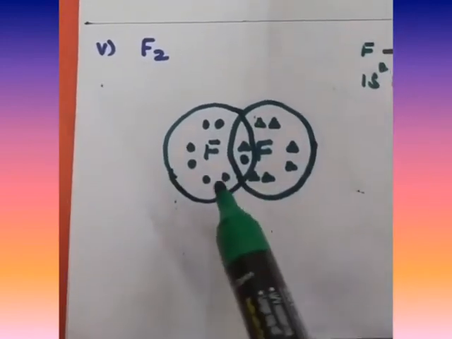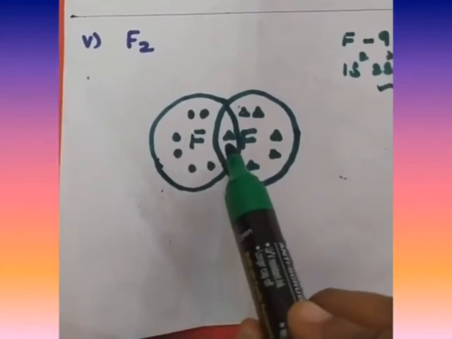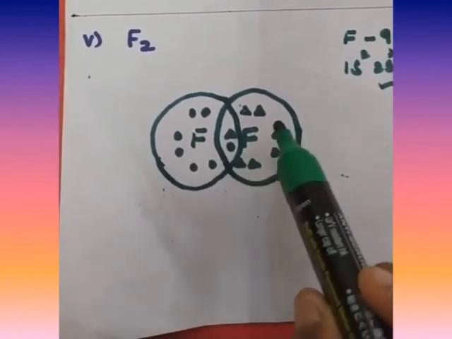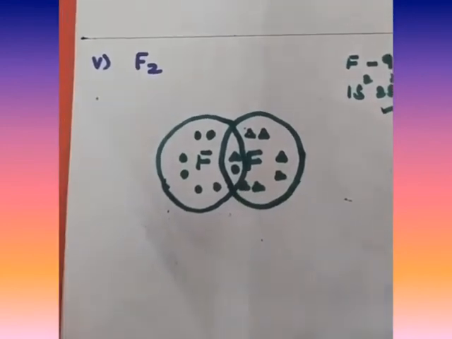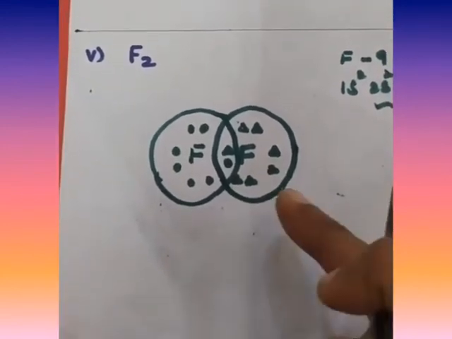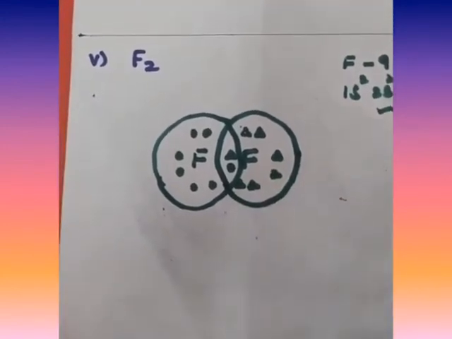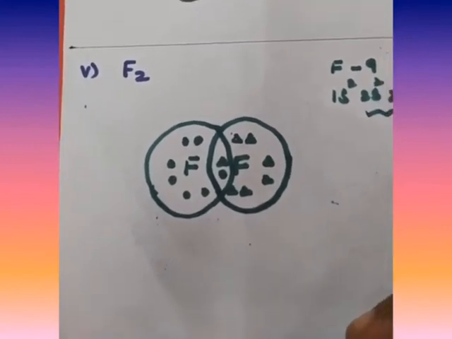Now look at here. 6 plus 1, 7 plus 1, 8. Here also 6, 7, 8 electrons. So they have the completely filled configuration. Like that only the fluorine molecule is formed.